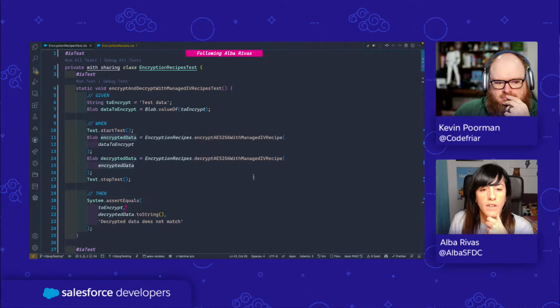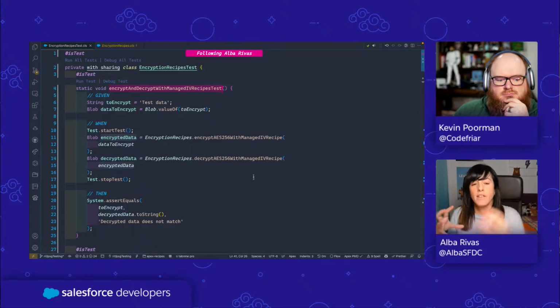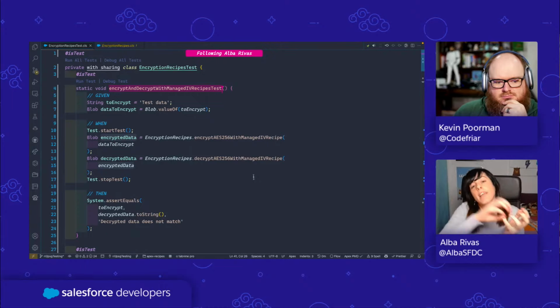Okay. So here in the test class, we have a method that tries to test the full use case, right? What happens when we encrypt some data, we emulate sending that data over an insecure channel, and then we decrypt the data in the receiver.